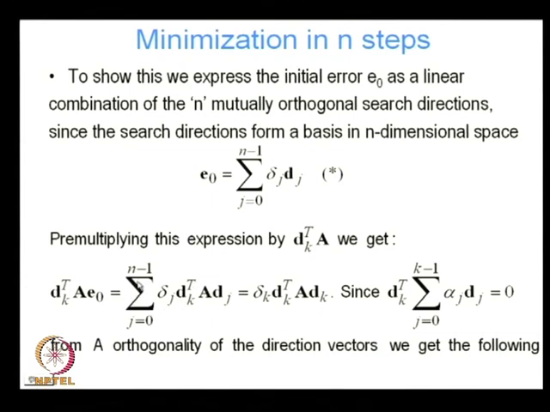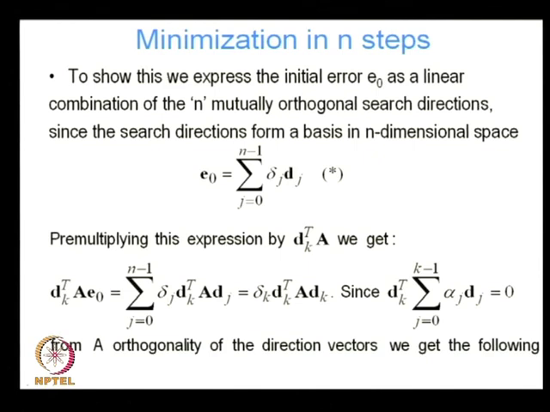You have a summation here, but recall that all my search directions are not just orthogonal, but A-orthogonal to each other. So, all these terms dk transpose A dj are going to give me 0 unless the two indices k and j are identical.